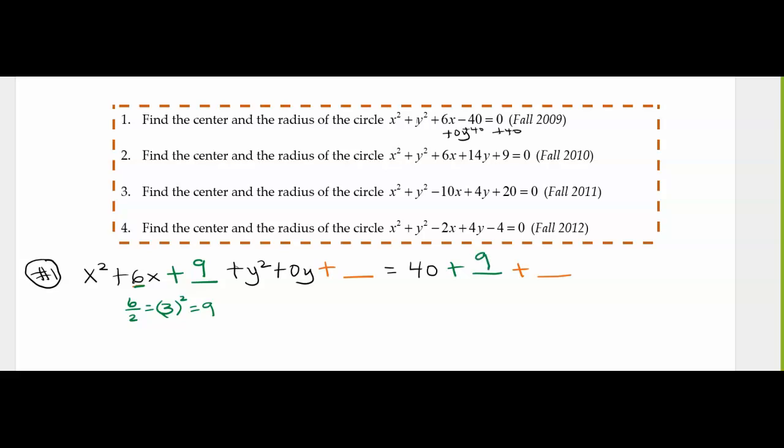Now let's look at what happens here. If I take half of 0, 0 divided by 2 is just 0, and then I square it, I still end up with 0. And so I'm not adding any number to that other side. Oops, I meant to put those in orange. This is 0 here.